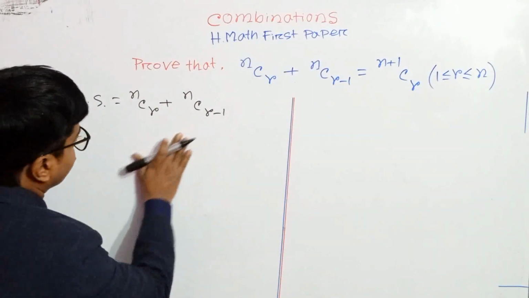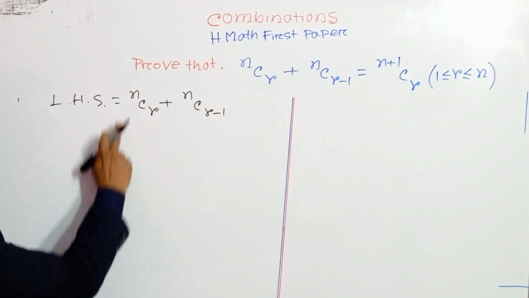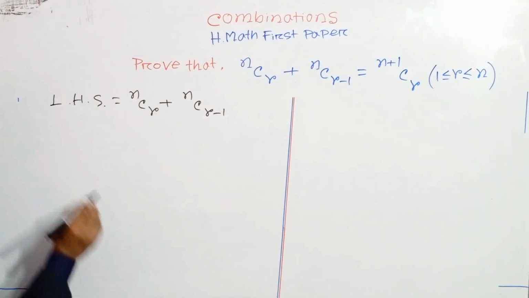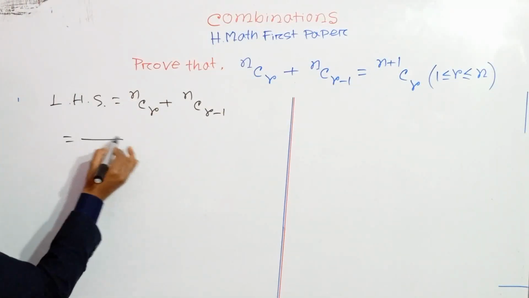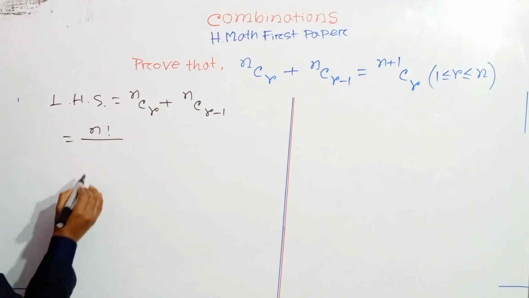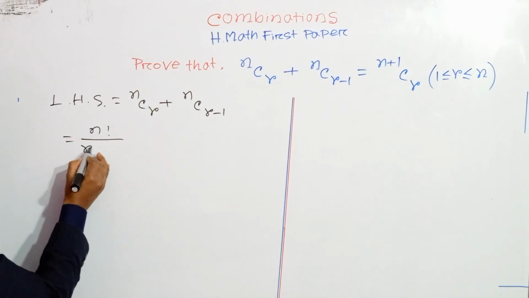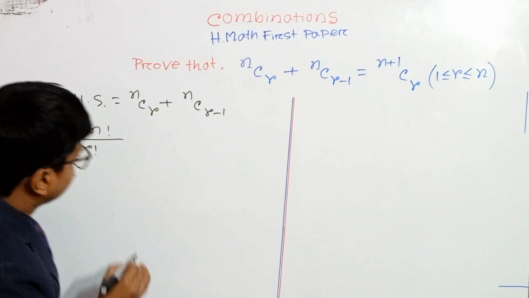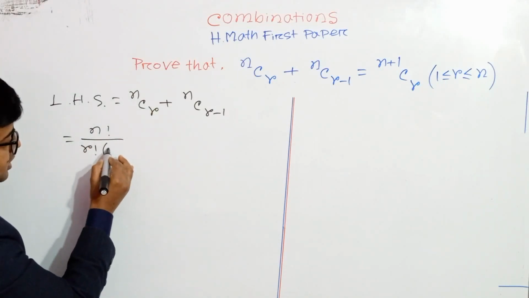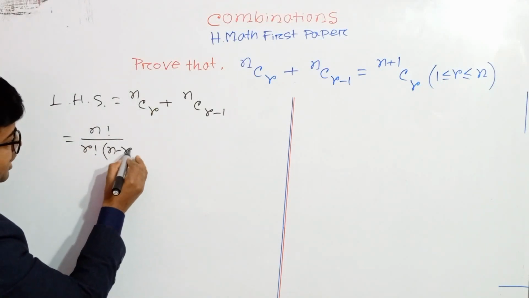Now we know that the formula of nCr is factorial n by factorial r and factorial n minus r.